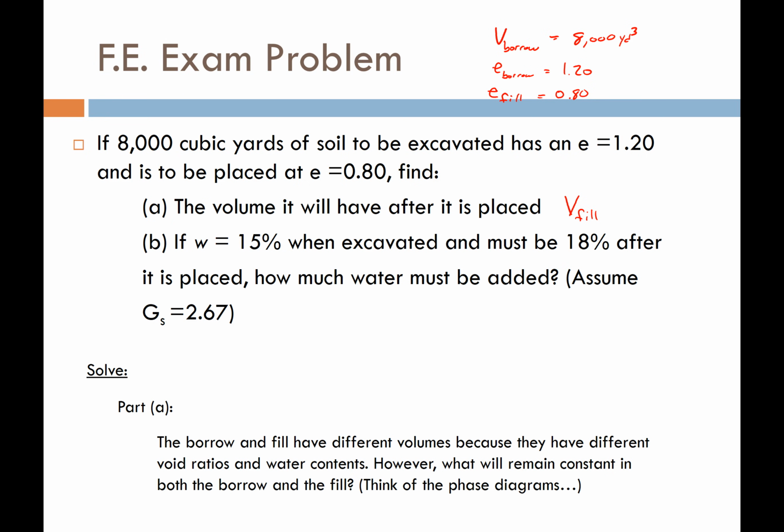And we will also have different water contents because we can add or take away water. But there's one thing that will always remain constant between the borrow and the fill. And that thing is the solids, the volume of the solids and the weight of the solids. Those will always remain constant between the borrow and the fill.